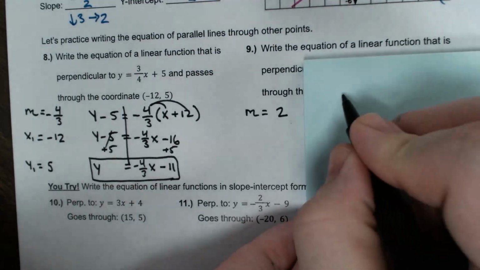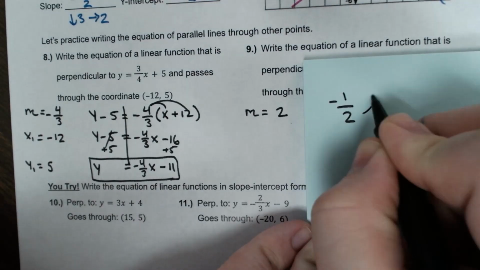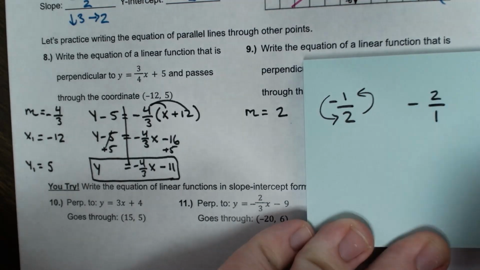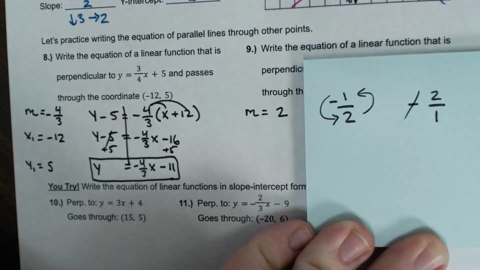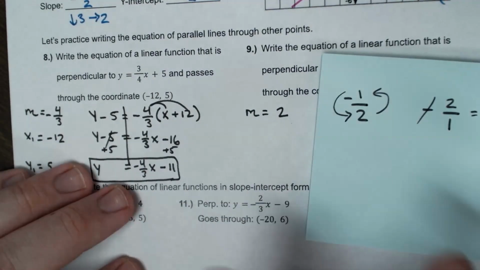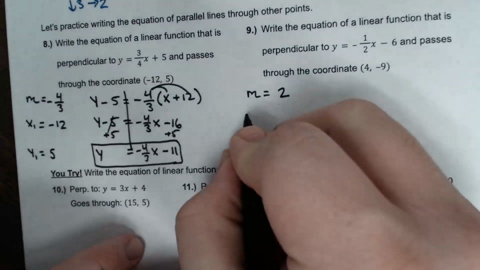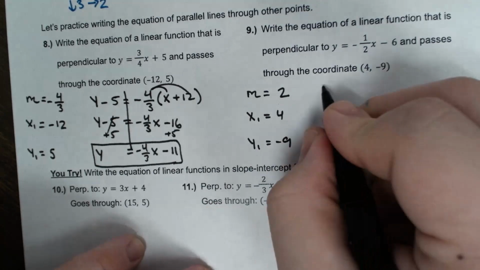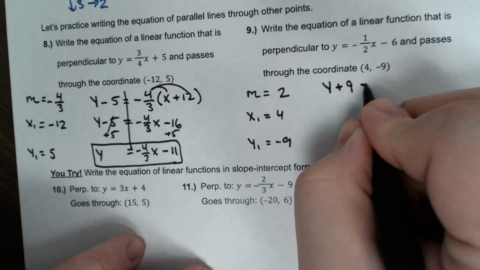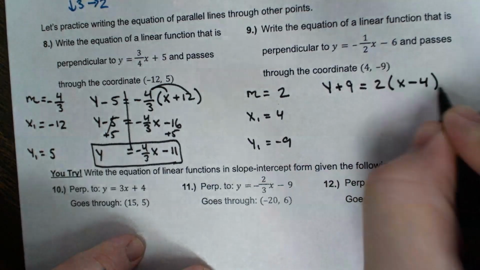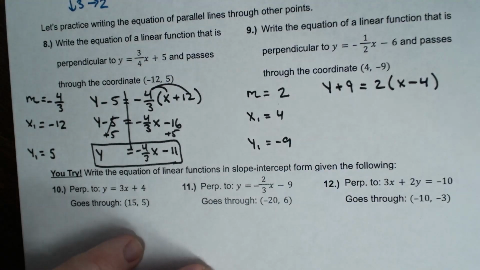So if I take the slope -1/2 and I flip it upside down to get -2/1 and then change the sign, 2/1 is just 2. So the perpendicular slope is 2. This is y plus 9 equals 2 times x minus 4. Sound good?